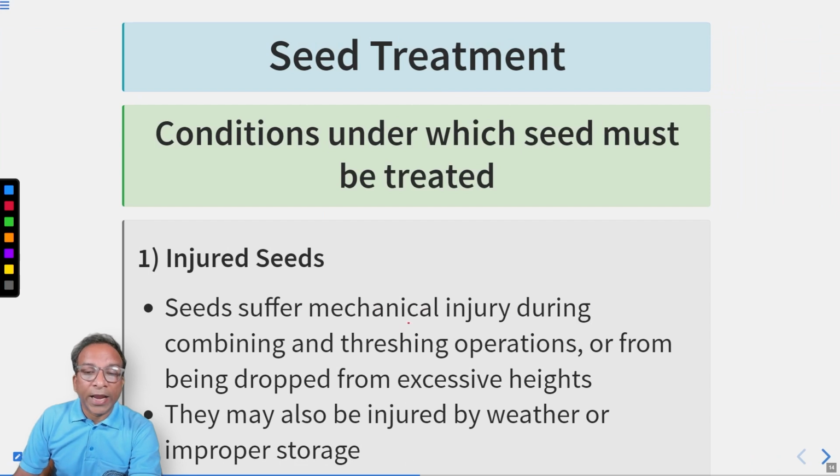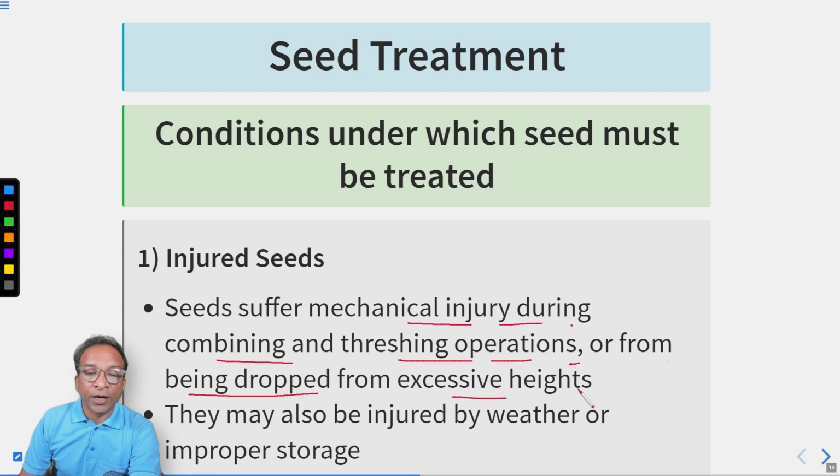Seeds suffer mechanical injury during combining and threshing operations or from being dropped from excessive heights, right? So how do seeds get injured? Suppose we are using threshing operations, and the machines have some infected spores. Those can get onto our seeds while threshing.